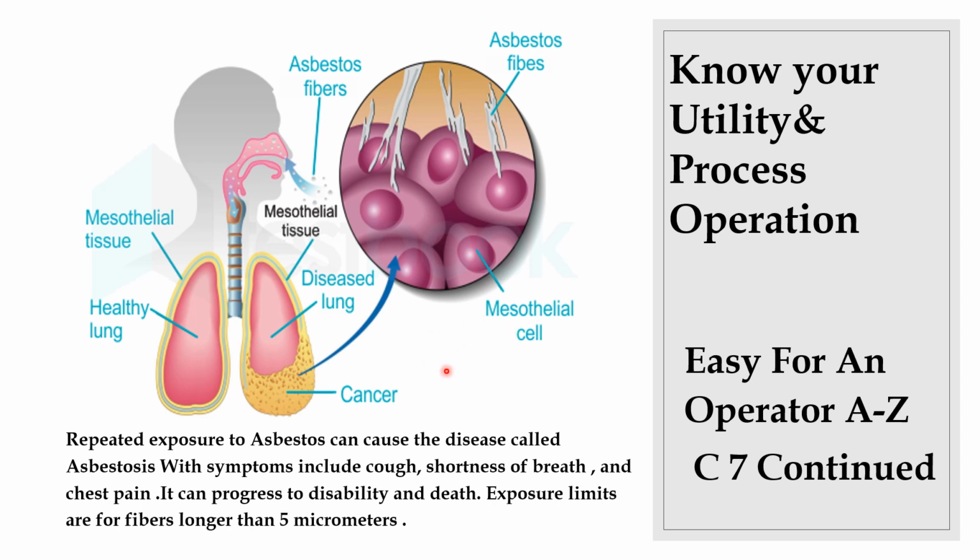You have to make them aware that asbestos is a carcinogen, and you have to advise them or make the remedial measure of using the breathing apparatus. Hope you understand the importance of the advice given by the agency.